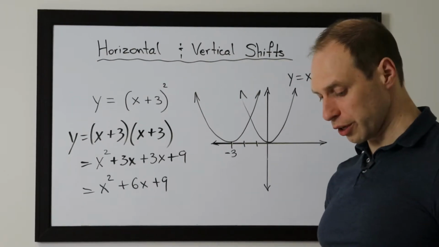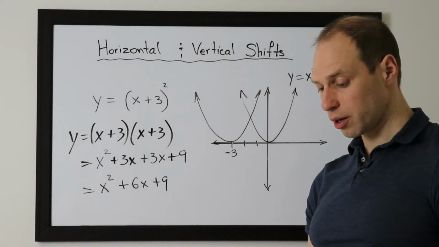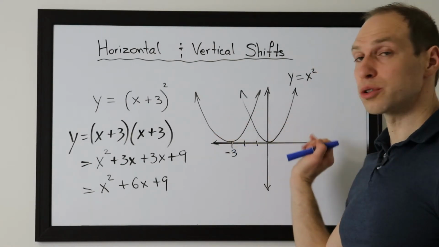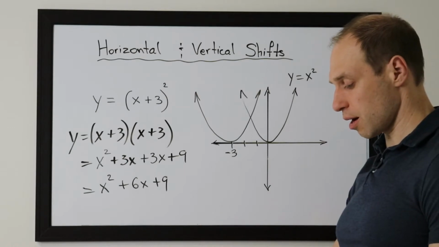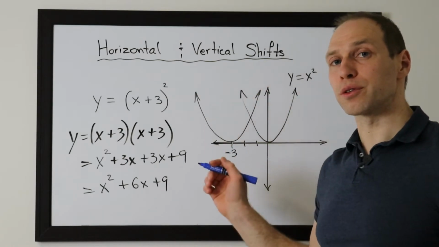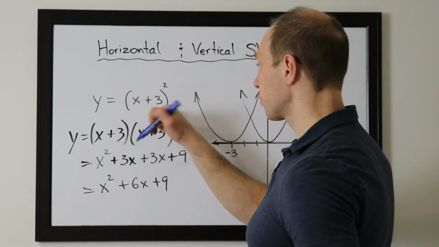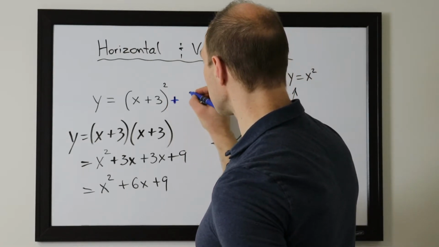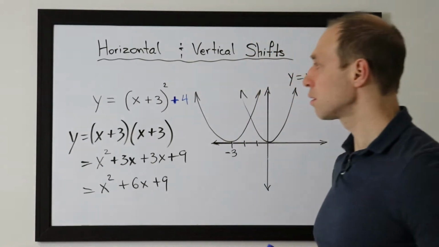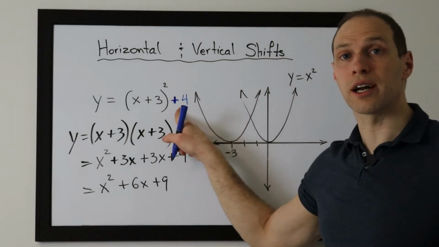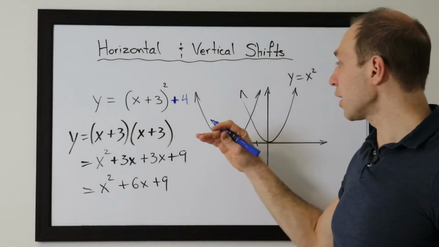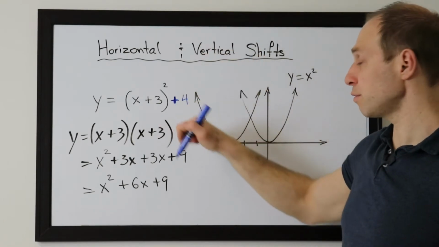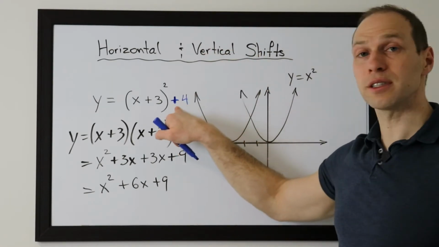Okay, and finally what we're going to do is we'll actually add one more component to this. We've just talked about a horizontal shift, and now we'll add a vertical component to it. So anytime you see an expression like this and a lagging number behind it, let's say the number is 4, what that number tells us is how much a parabola has moved up if it's positive, or down if it's negative.